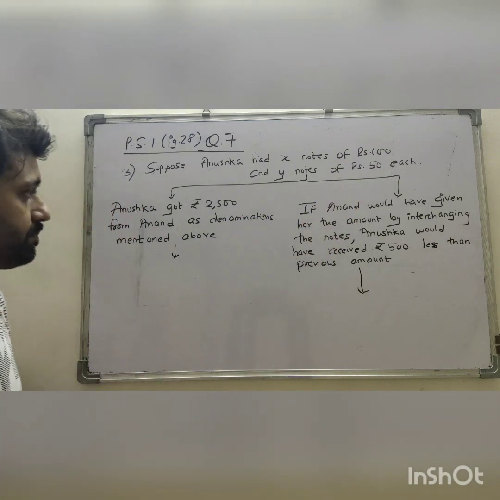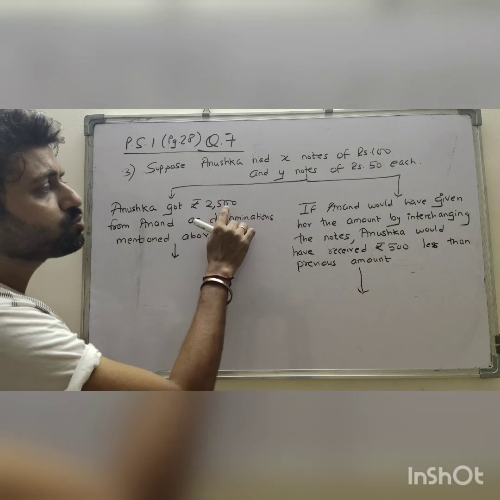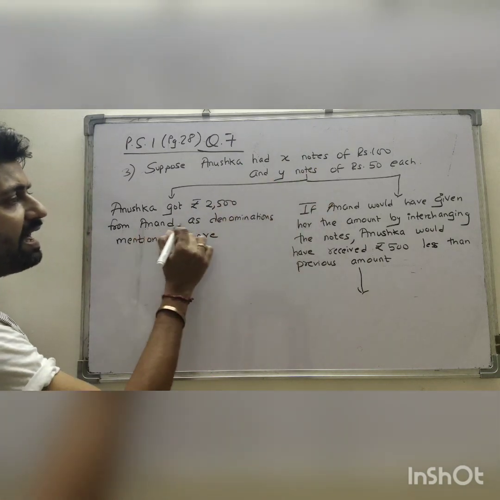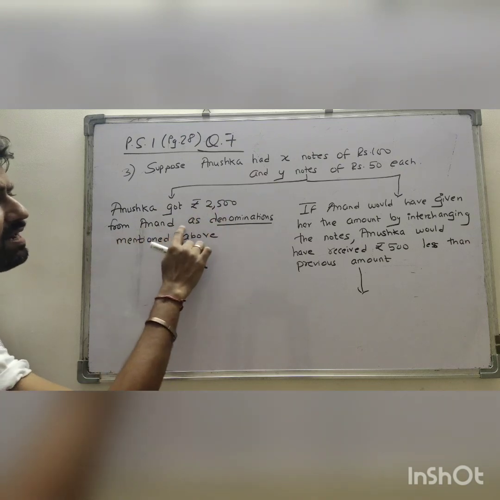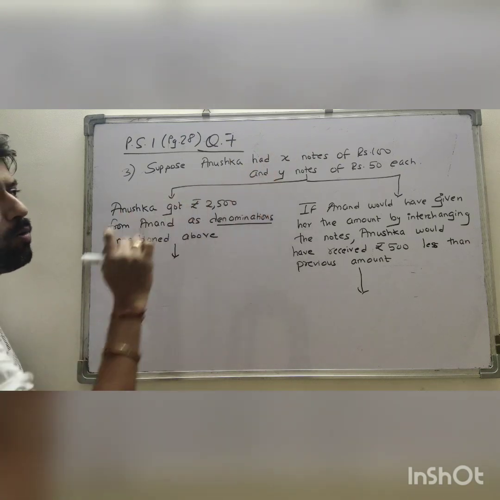In this way Anushka got rupees 2500 from Anand as denominations mentioned above.